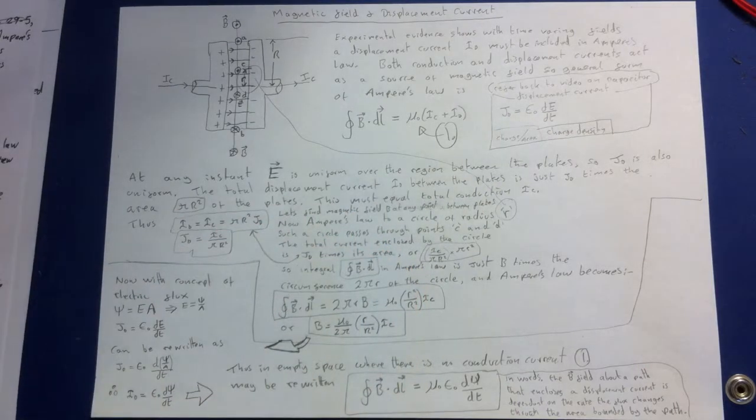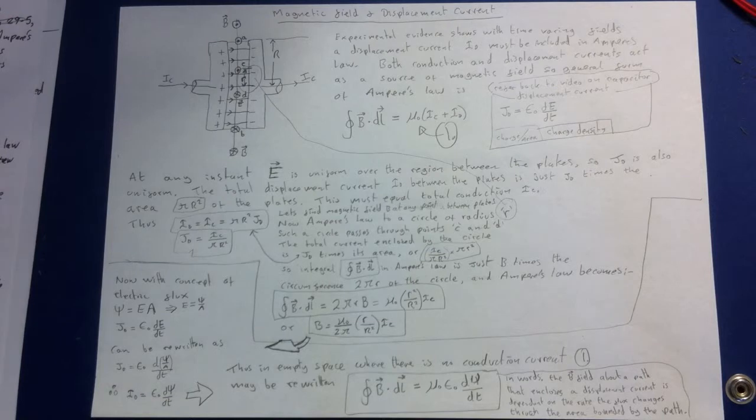When we discussed Ampere's law previously, we assumed that the current I was a conduction current. However, experimental evidence shows that in situations that include time varying electric fields, the displacement current ID, as we previously defined, must also be included in Ampere's law.